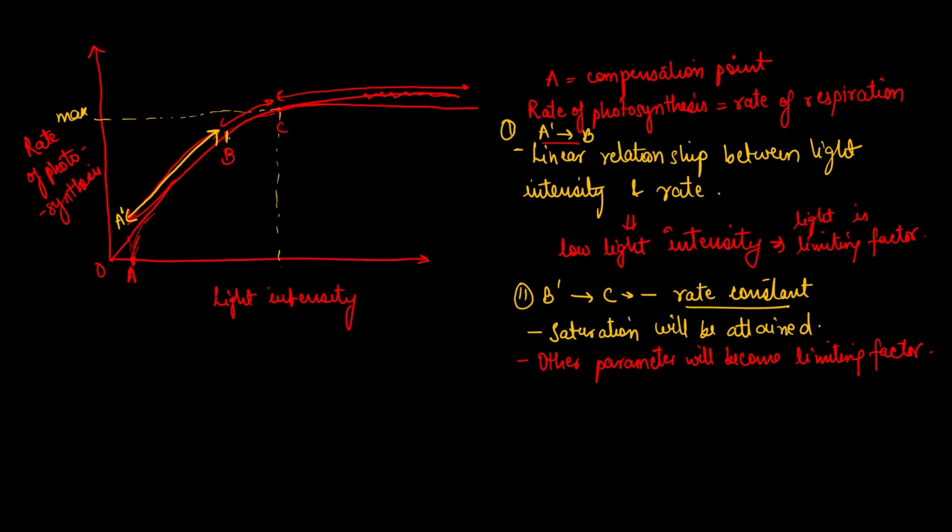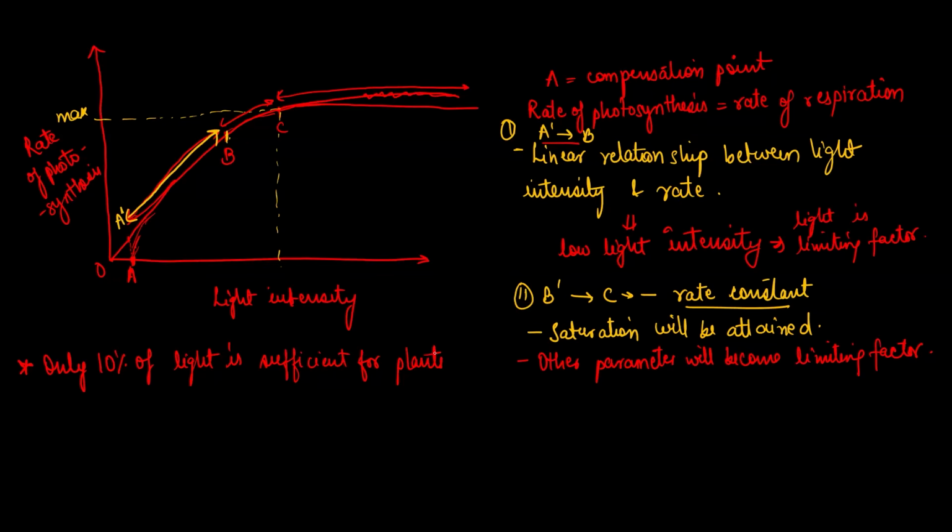Now, what is mentioned is that of whatever light falls onto the earth, only 10% of the light is sufficient for plants.